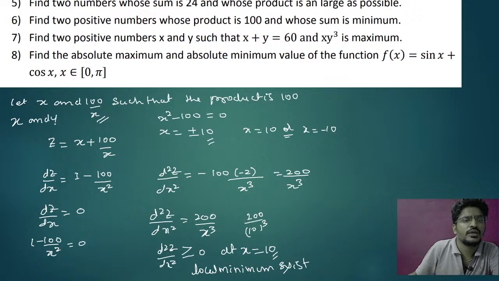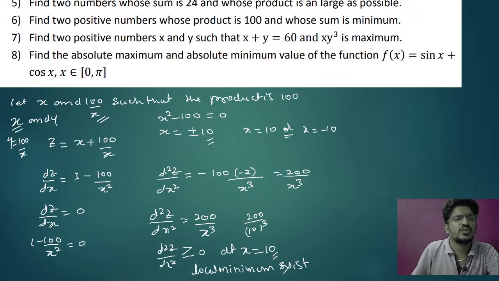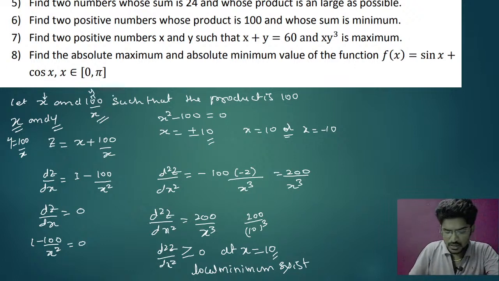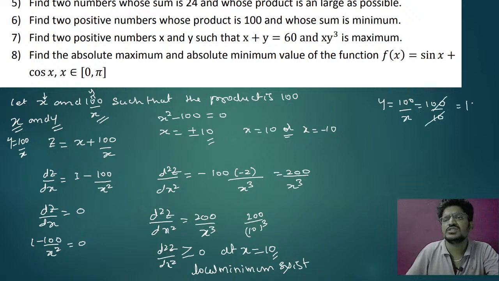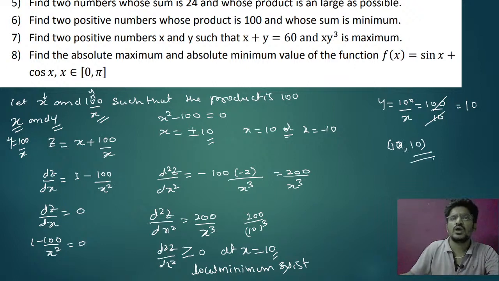Here y will be equal to 100 by x. x is 10, so if you simplify, y will be equal to 10. Therefore 10 comma 10 is your required answer.